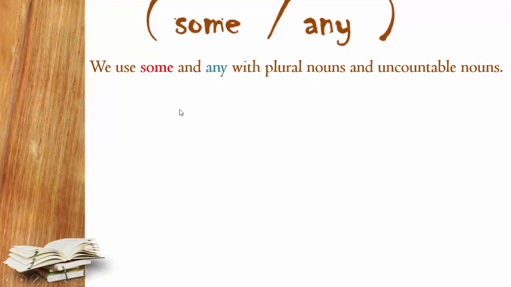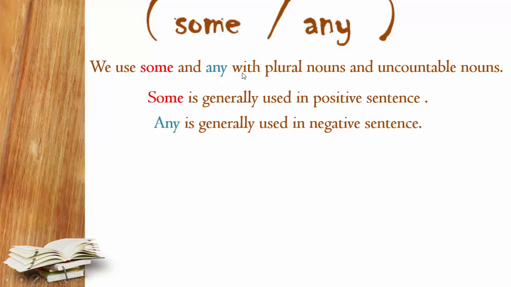We have a singular of it and a plural of it. But the difference between some and any: some is generally used in positive sentences and any is generally used in negative sentences.